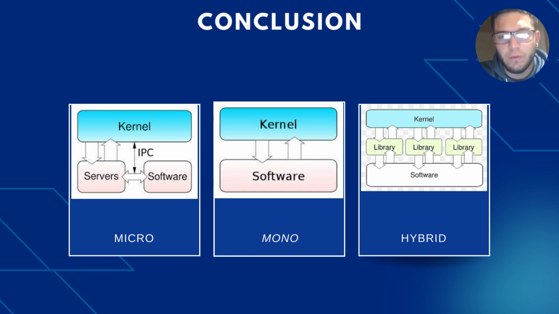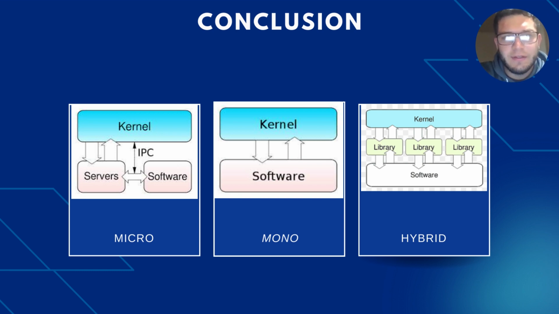To conclude, we can add that microkernel provides a set of primitives or minimal system calls to implement basic services, such as address spaces, inter-process communication, and basic scheduling.